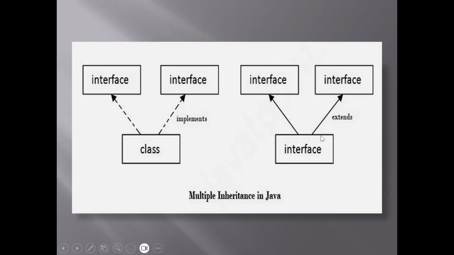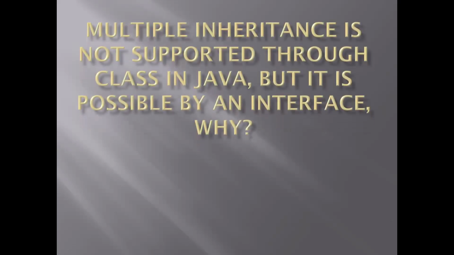Like this interface can inherit the methods from this interface X and this interface Y. Both of them will get inherited to this child interface. And if a class implements multiple interfaces, this class has to implement all methods inside both of these interfaces. You understand? These are the only cases for multiple inheritance in Java. And we will see some examples of this in code.